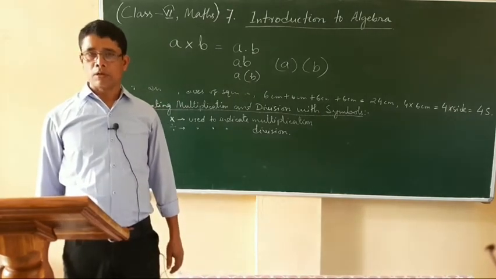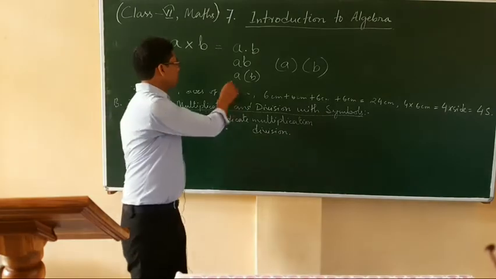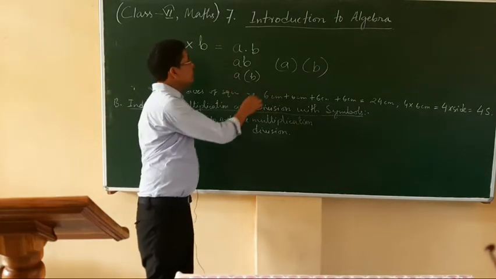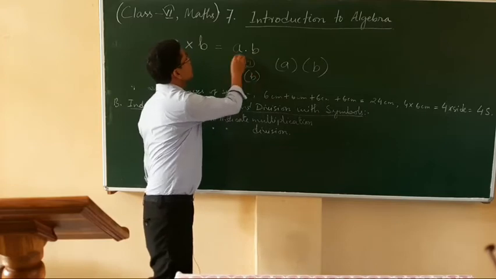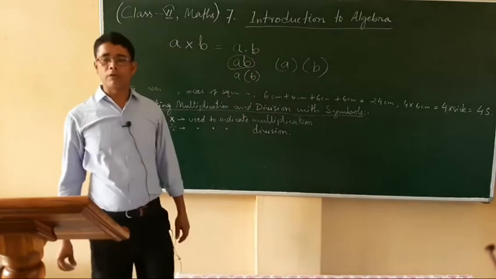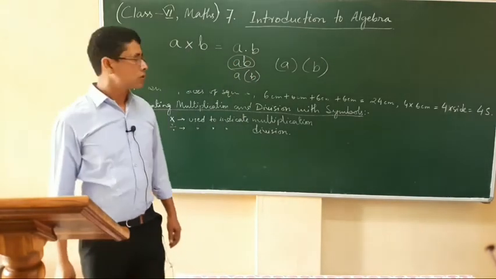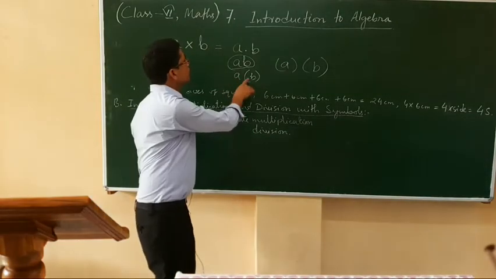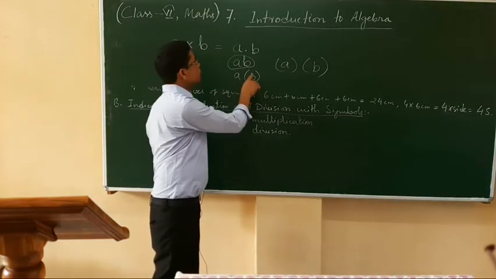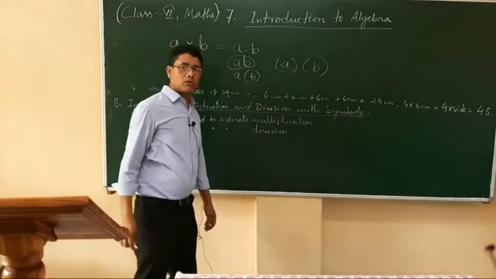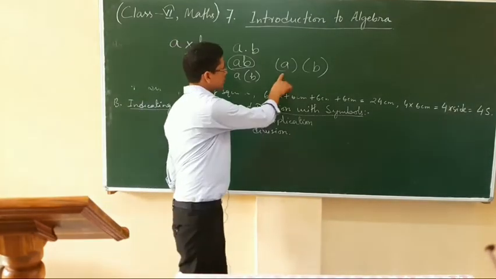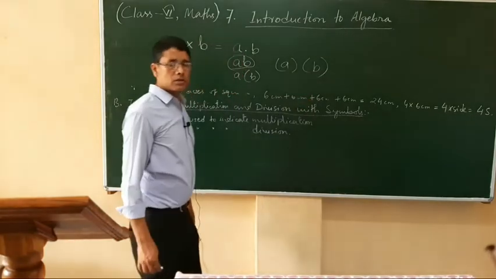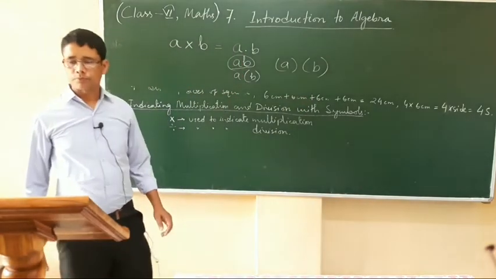That means here symbol A is for one number, symbol B is for another number, without any symbol in between them. That also means multiplication. So, A is for one number, B is for another number, out of these two, one inside the bracket, then also it is multiplication. Or if both are inside the bracket, then also it is multiplication.